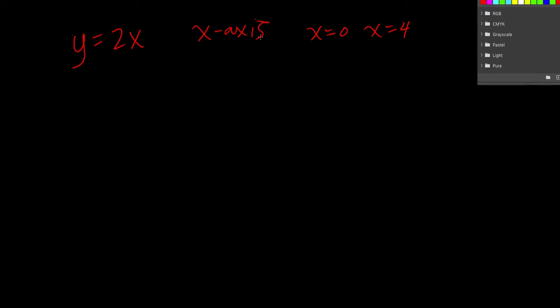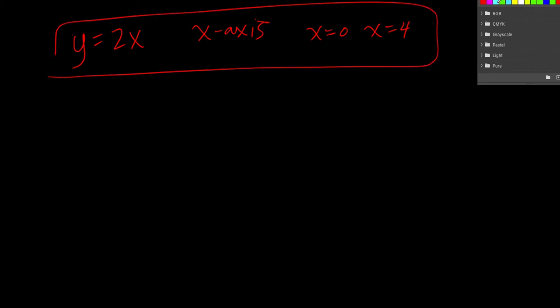Okay, so they want us to do it through a geometric argument and through integration and show that we get the same answer. So the geometric argument is going to be, we cross at 0, we go up 2 over 1, and we're going from 0 to 4. So 1, 2, 3, 4.